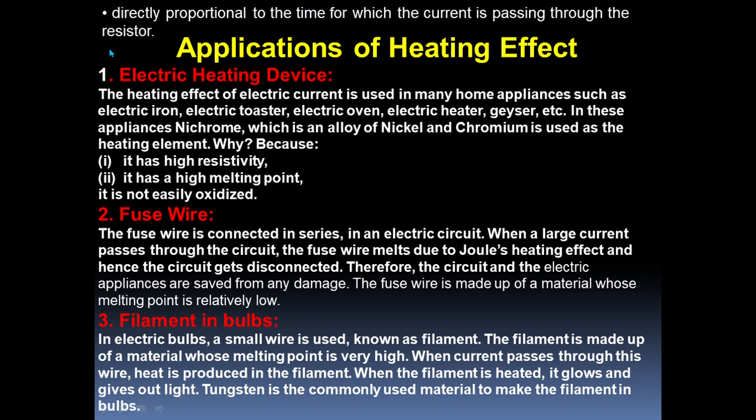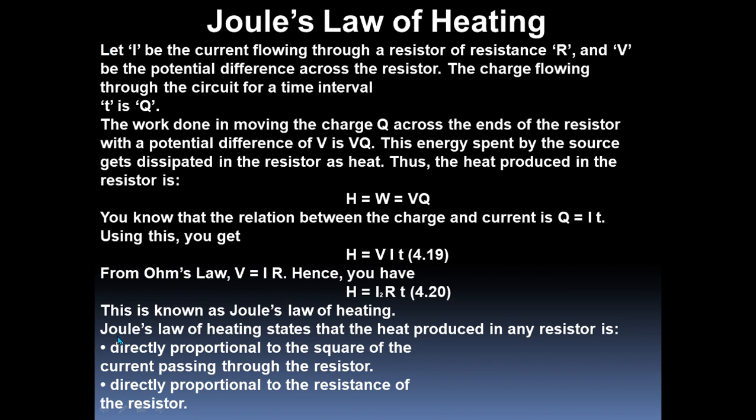These points are very important for Joule's law of heating. Please note it down: first point, second point, and third point. Once again, repeat: heat produced in any resistor is directly proportional to the square of the current passing through the resistor.